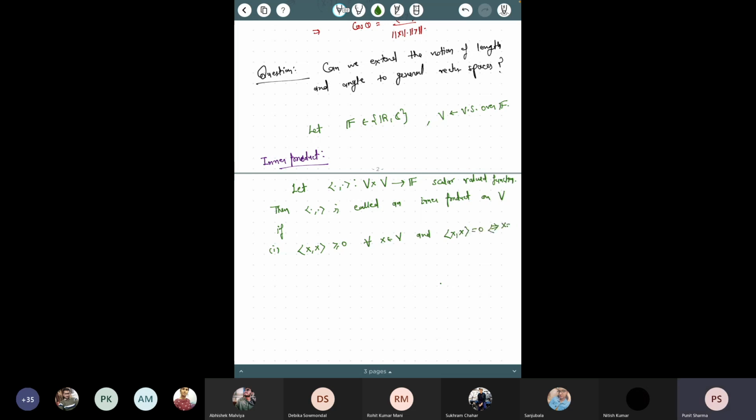So this function should satisfy this first property. This one is called non-negativity of the inner product, and this property is called positivity.